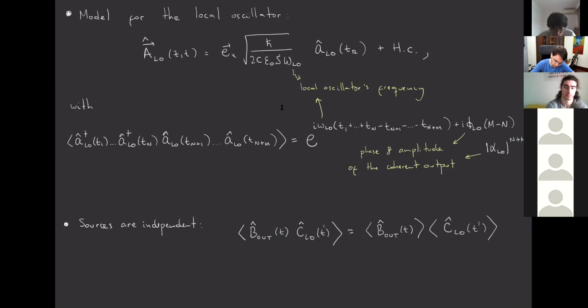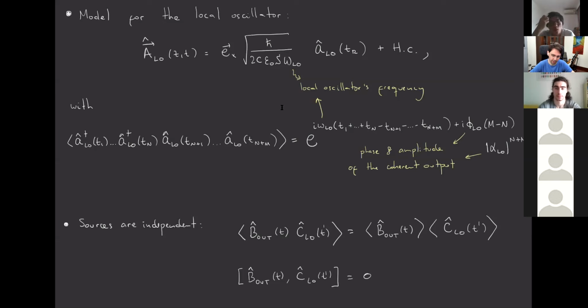Moreover, if I ask you what is a commutator between operators in the output and operators in the local oscillator, again, because they act on different Hilbert spaces, they will commute. So this is nothing too deep, but something that you need to understand well. So then we have a source, and we can control in this source the phase and the amplitude, and also the frequency.